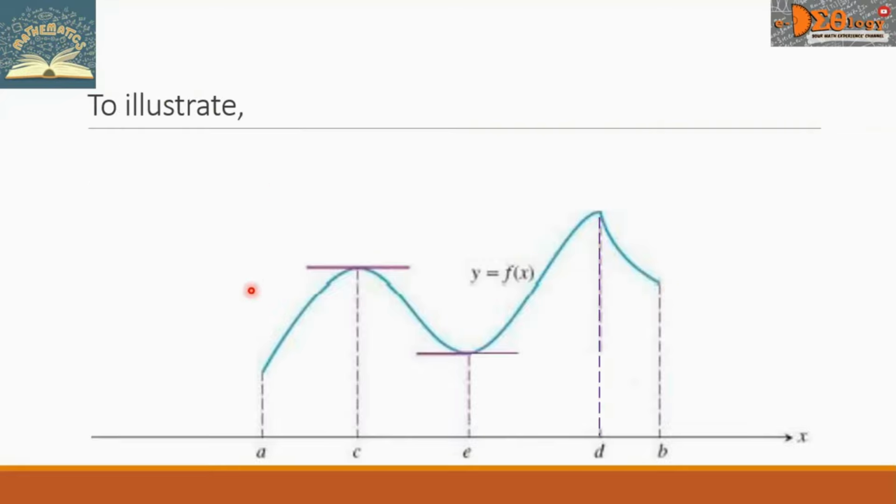To illustrate, we have our graph here in blue color, and this is y equals f of x. Take note that some points of the graph are identified with some values of x, namely a, c, e, d, and b. On this graph, we say that there are two local maxima, and these are the points when x is equal to c and d.